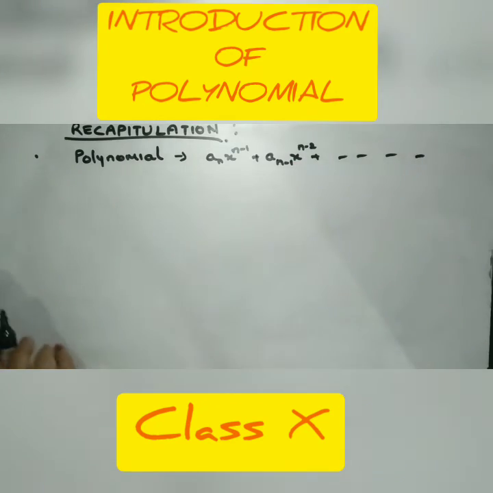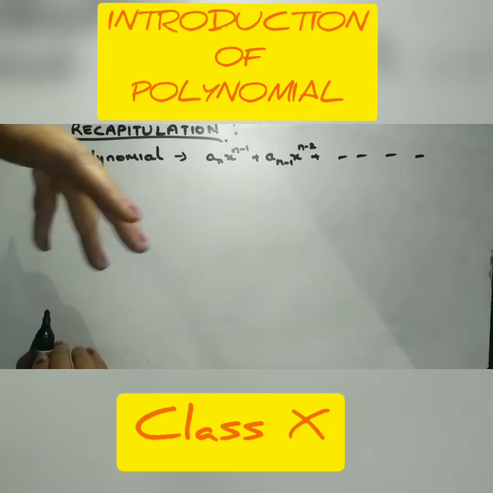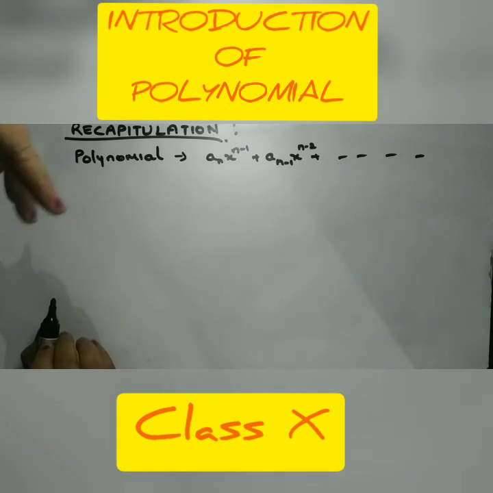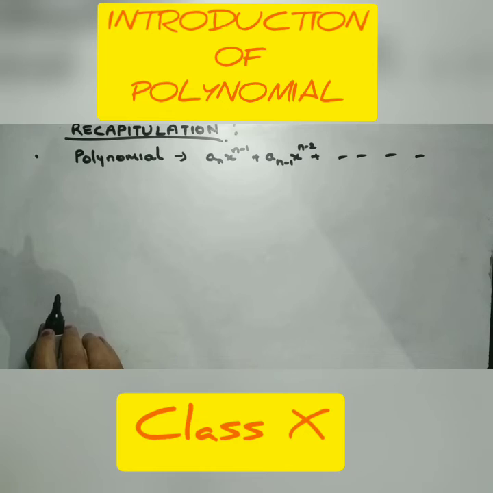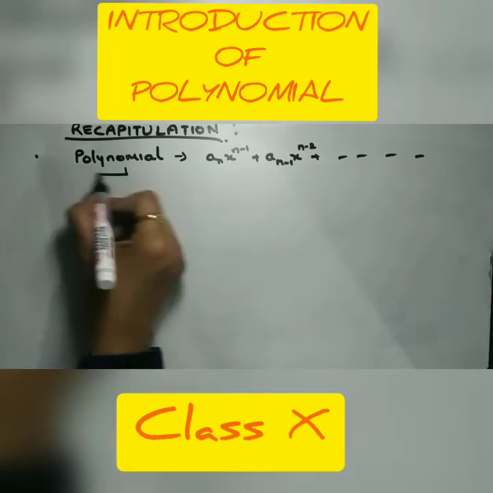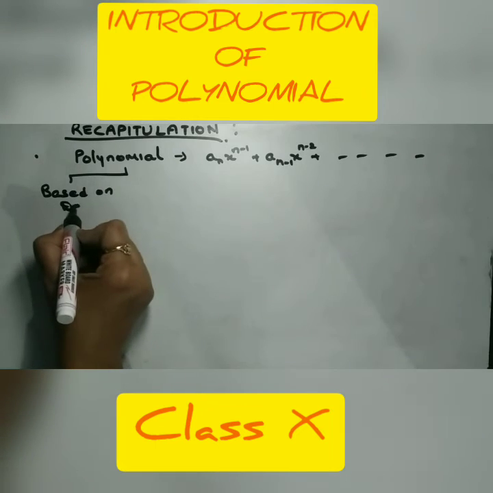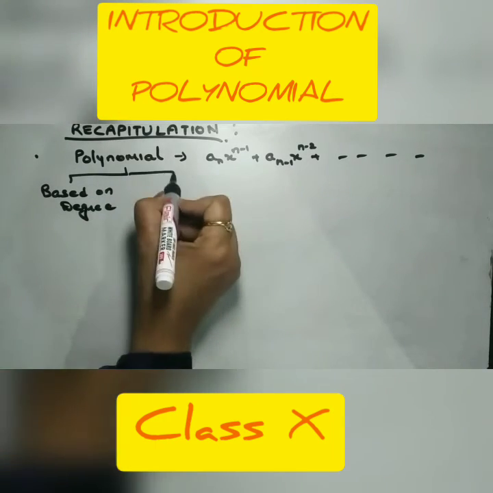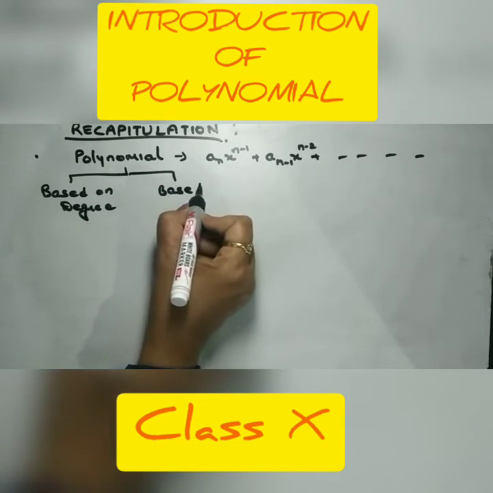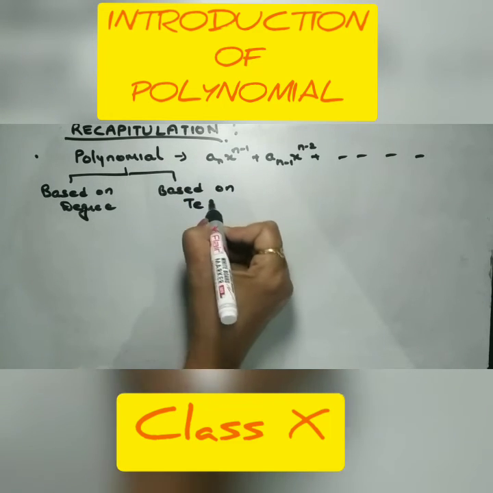It is an algebraic expression consisting of variables as well as constants. Then I told you about the different types of polynomial based on degree and based on terms.